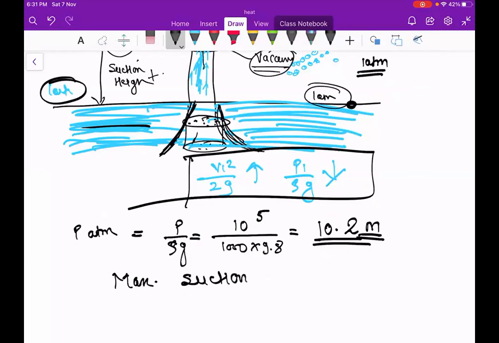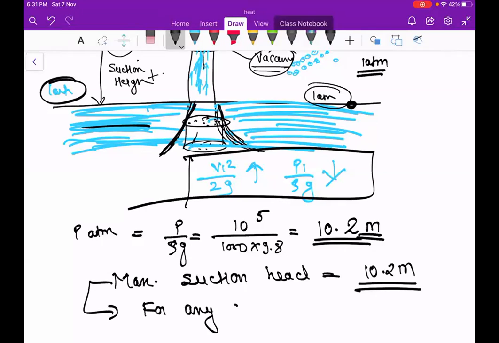suction head equals 10.2 meter. Maximum suction head equals 10.2 meter for any centrifugal pump in the world. I am saying, it is the maximum.